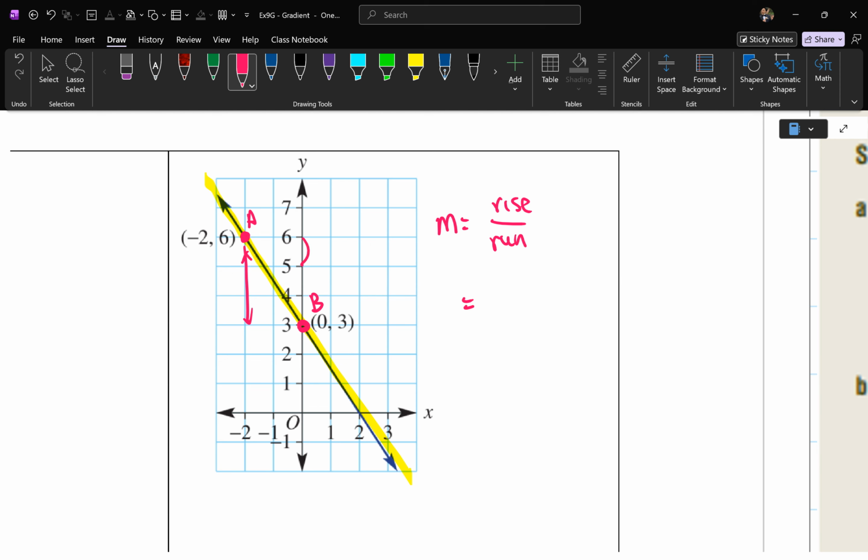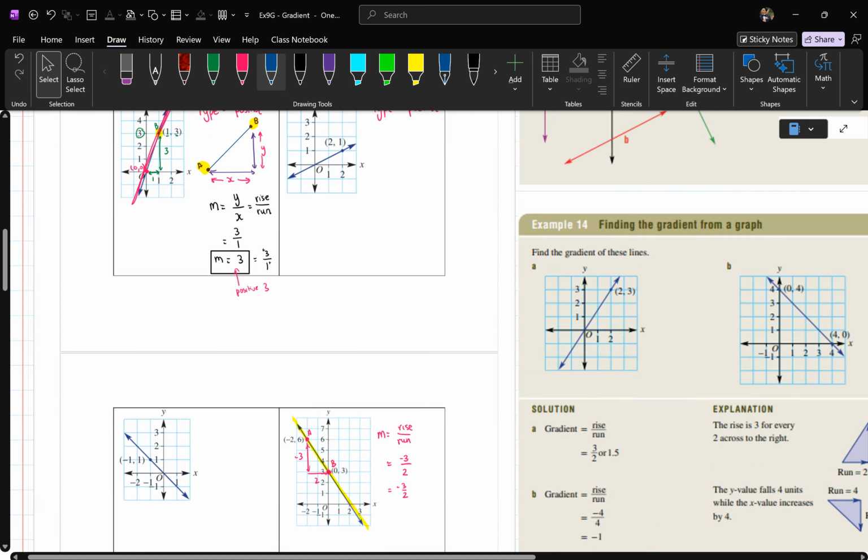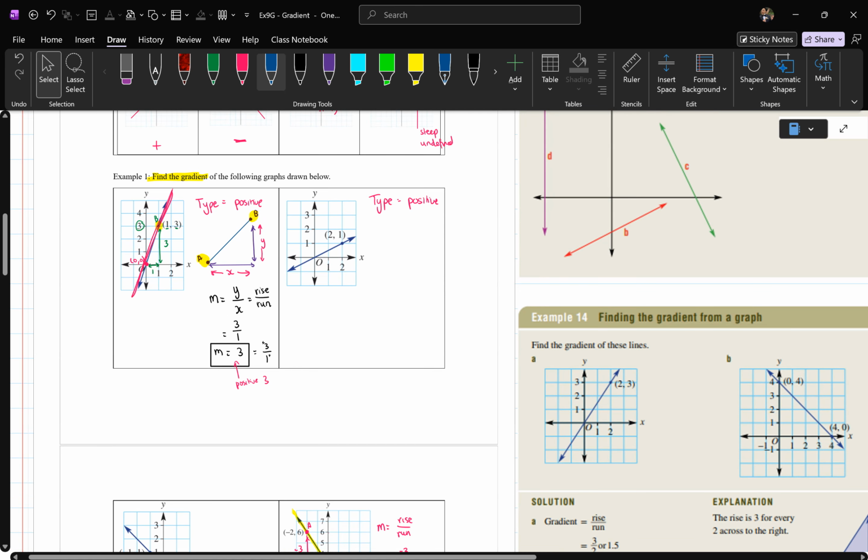Went from 6, 5, 4 down to 3. So down 3. But then I have to go to the right by 2. So that means rise is negative 3, run is positive 2, and the gradient is negative 3 on 2.